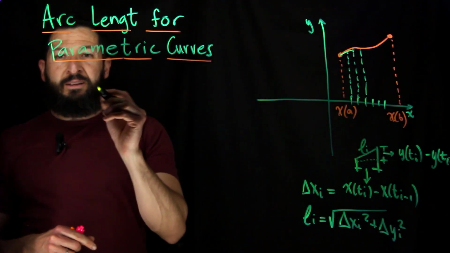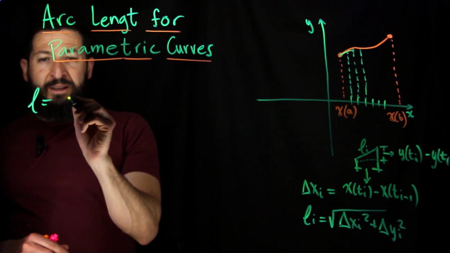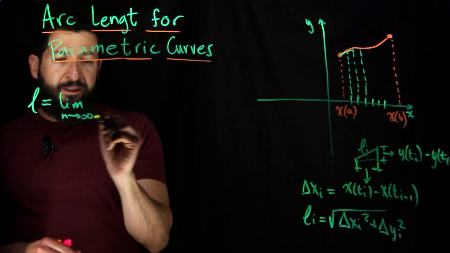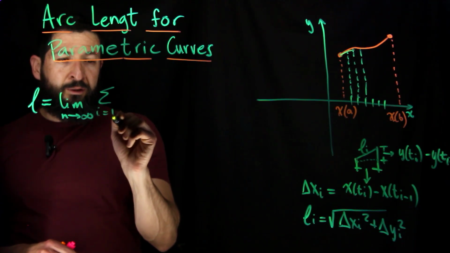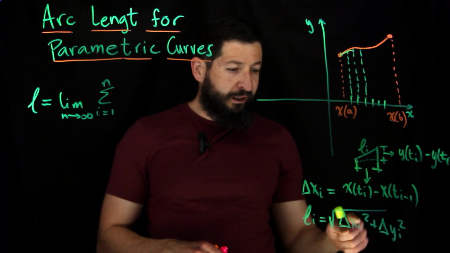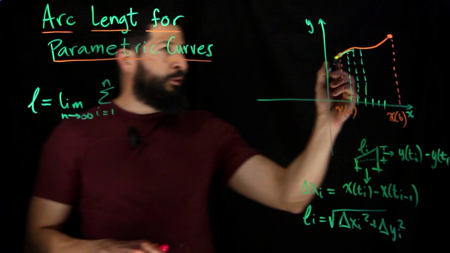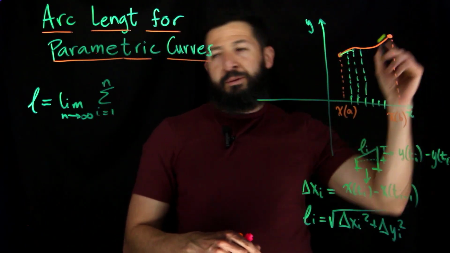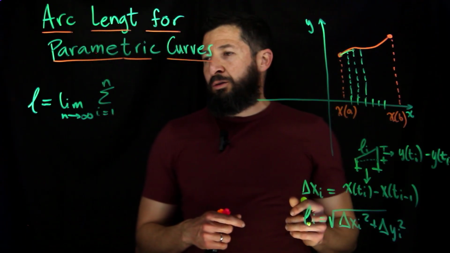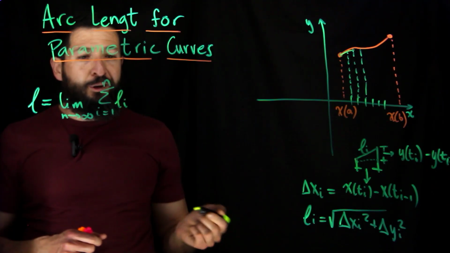And so my goal now will be to add all these Li's. I'm going to say that the length, L, is going to be the limit as n goes to infinity of the sum from i equals 1 to n. So I'm going to have n partitions, and I'm going to take the limit as n goes to infinity, adding these Li's. That's going to give me the total length of the curve, so I get the exact sum.